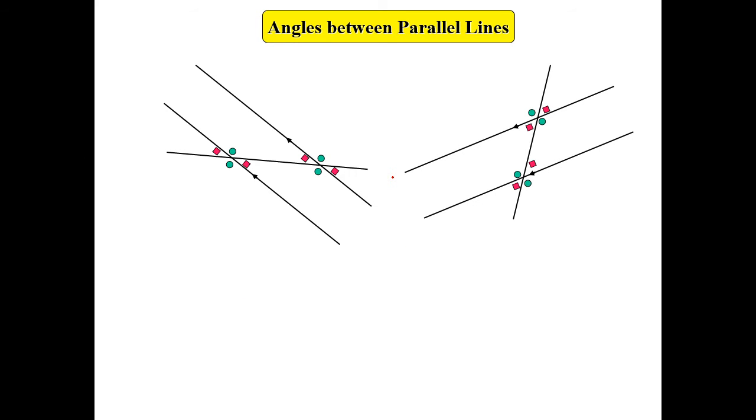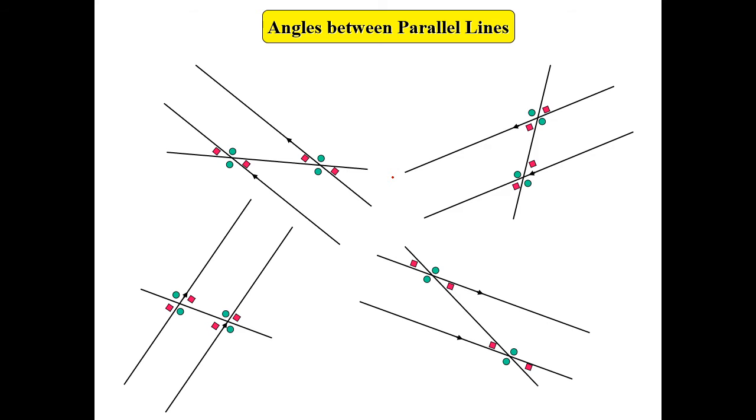The direction could be anywhere, but the most important thing is these properties will only be used when you have two parallel lines being cut by a transversal line. Otherwise not.